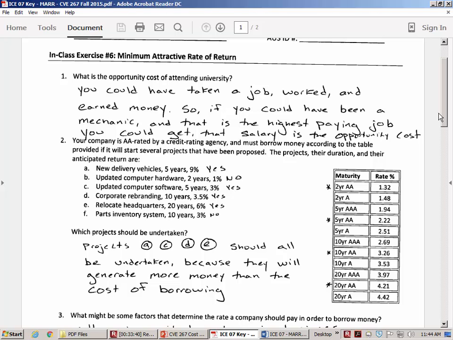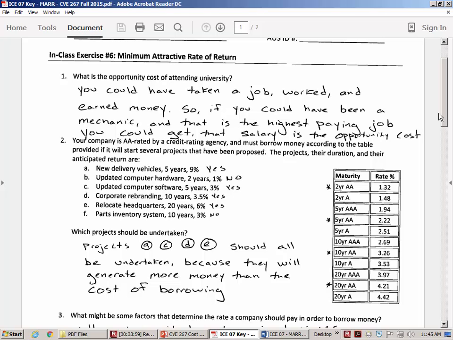All right. Question 2. You've probably never seen bond data before. That's what this is. I copied this off of Bloomberg.com. It's a website that says what is the average cost of borrowing for different types of companies.